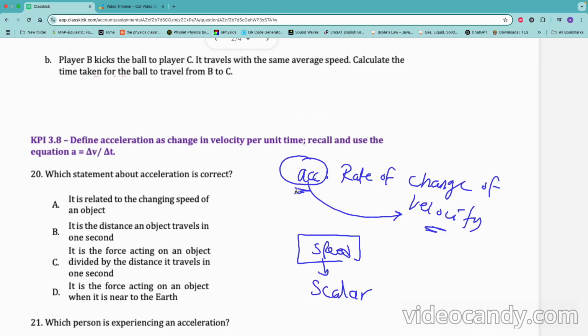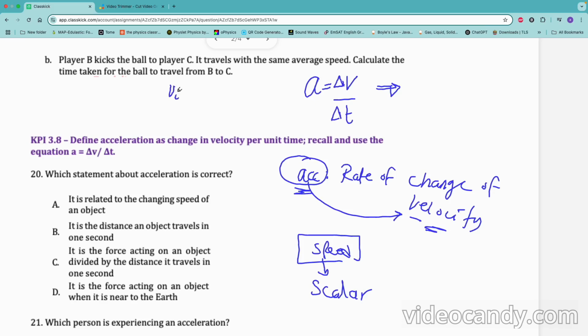So acceleration is the rate of change of velocity. From the definition, we are able to guess what formula can be used to calculate acceleration. Acceleration is change of velocity over change of time. Or it can be used in a different way if we have VI and VF.